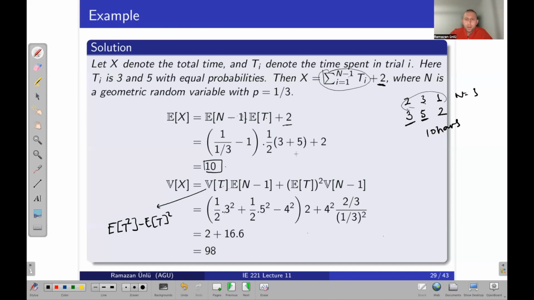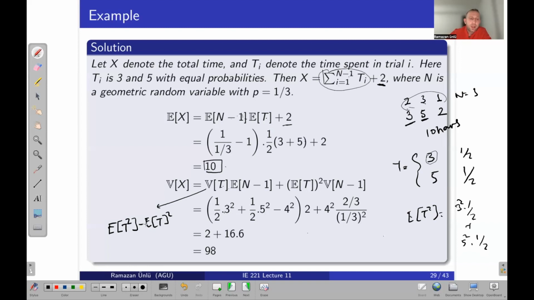T can be 3 or 5 with probability 1/2 and 1/2. So it is simply 3 squared times 1/2 plus 5 squared times 1/2. So that is the first term.